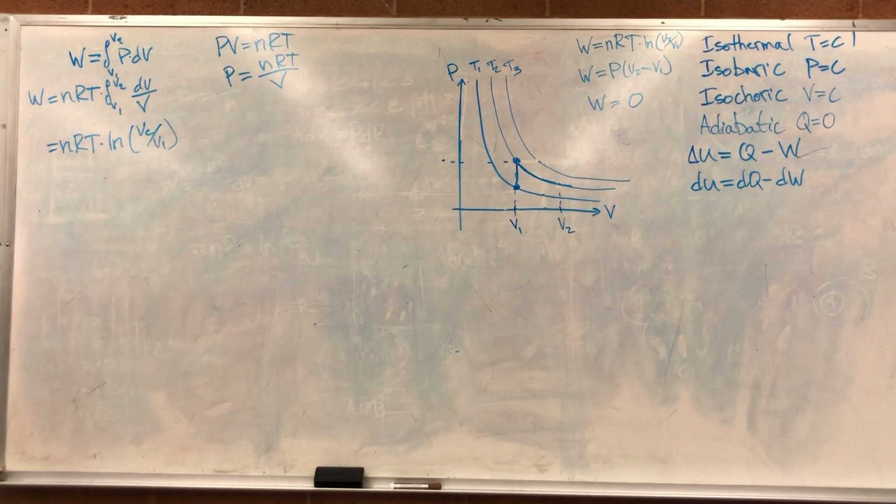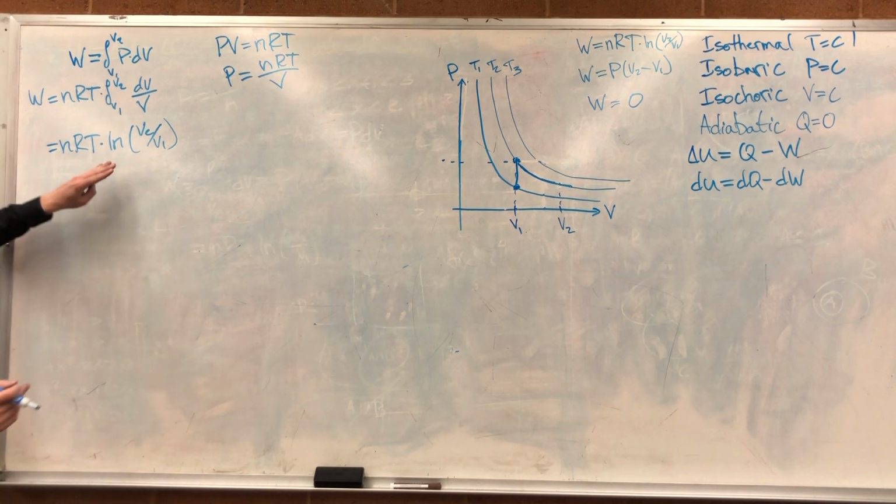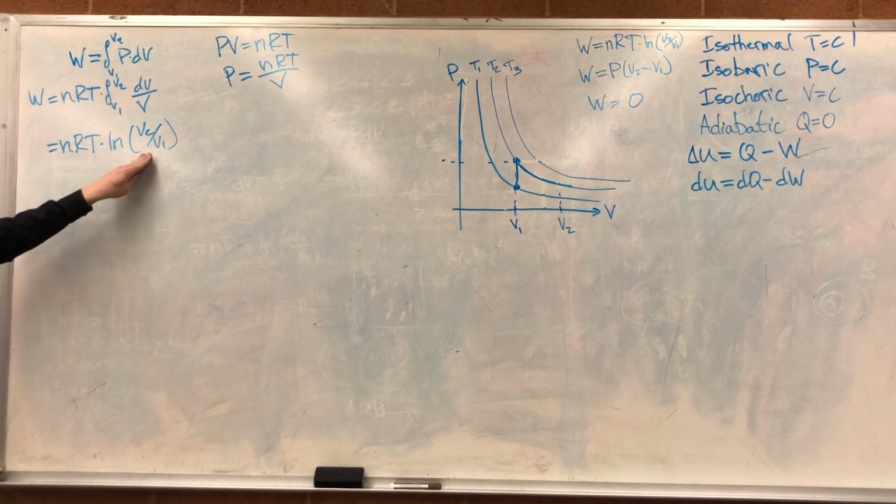Another way that we could write this, maybe this is worth pointing out. Imagine you don't know your volumes, you only know your pressures. Well, then you can solve for volume, but we'll create a formula that uses pressure.